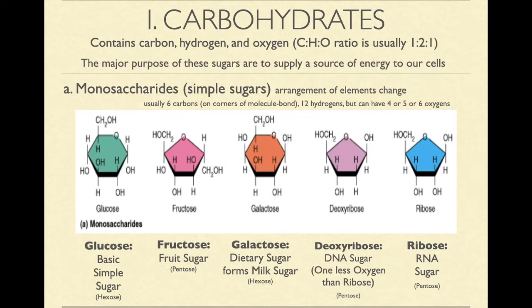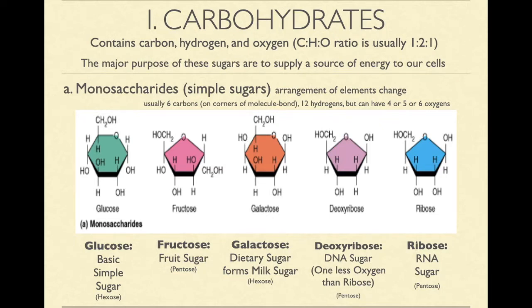And generally the ratio for carbohydrates is going to be about 6 carbons. You can go through and look at these pictures and kind of count them out. Generally you're going to have 6 carbons. You're generally going to have double the amount of hydrogens, so about 12 hydrogens. And then usually you have about 6 oxygens. Now some of these you're going to have less oxygens than others.